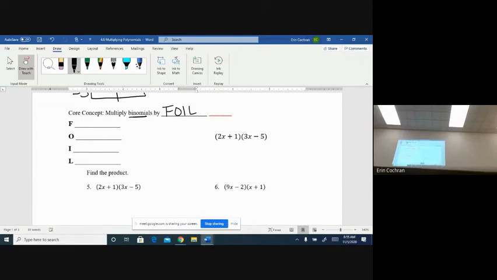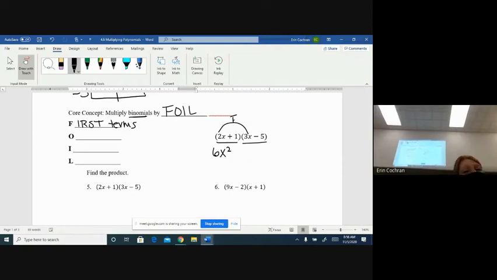And FOIL means I'm going to multiply the first terms of each binomial. So if I'm looking at this 2x plus 1 and the 3x minus 5, what are my first terms of each one? 2x and 3x. So what's 2x times 3x? 6x squared. Yep.